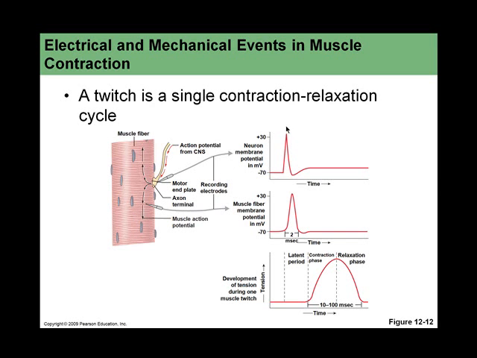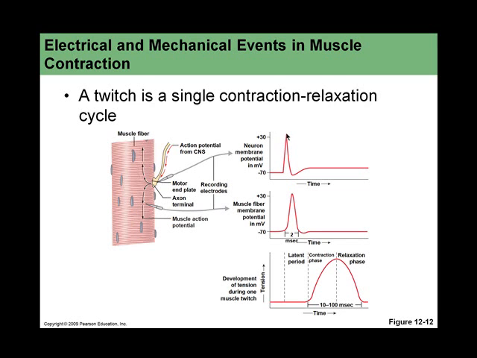So this is to reinforce the idea that we need the action potential in the neuron, the alpha motor neuron, first in its terminal to cause the release before we can measure an action potential anywhere in the muscle fiber.